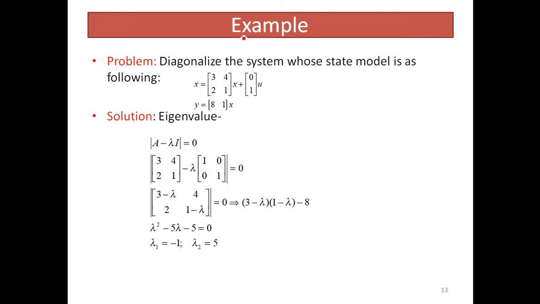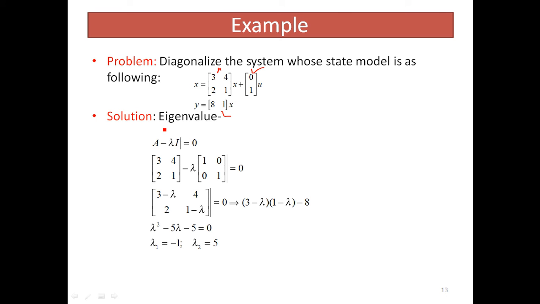So now consider a numerical example, defined by x dot equal to [3, 4; 2, 1] x plus [0; 1] u. So this is your system matrix A, this is B, and this matrix is C. The target is to calculate the value of the modal matrix.